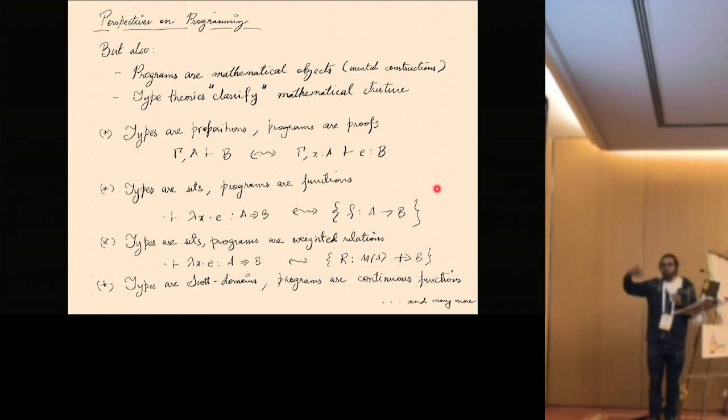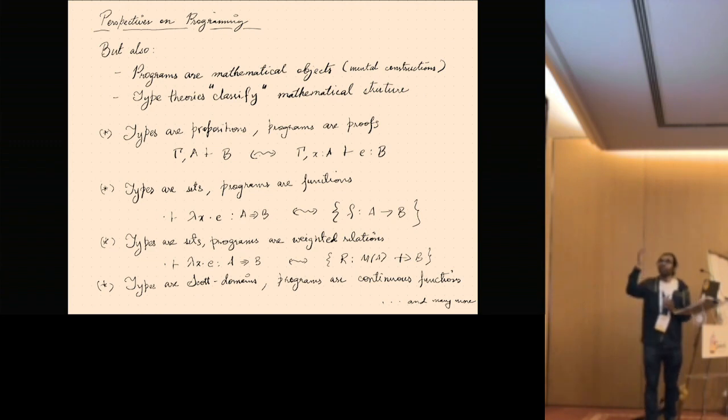So the whole field of denotational semantics is to assign meaning to programs which are not proofs or programs, but mathematical objects outside this universe. The simplest semantics for simply typed lambda calculus is that types are sets and programs are functions.